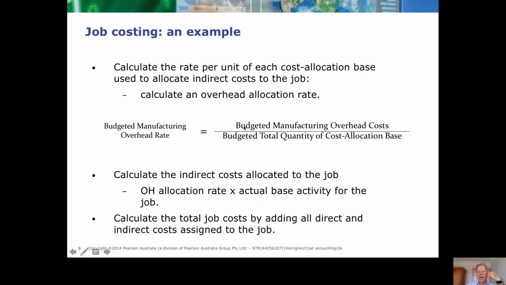So, $100,000 worth of overhead costs, and, I don't know, 10,000 direct labour hours perhaps, so we'll be charging it at $10 per direct labour hour, as perhaps we might think that's the fairest way of allocating our overheads to the job. So this is telling us exactly that. Once you've got your rate, multiply it by the actual activity to charge it to the job.